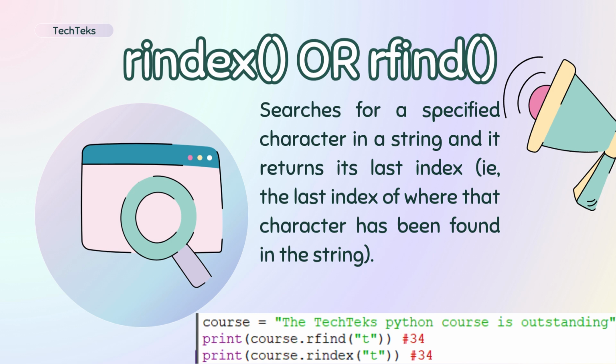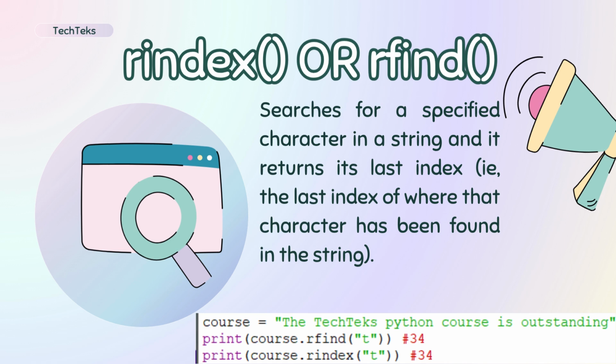Next up, we have the rindex or the rfind method. Now, this searches for a specified character in a string and returns its last index. So this means the last index of where that character has been found in the string. For example, in a string like course equals the Techteks Python course is outstanding, there are many T's in here.